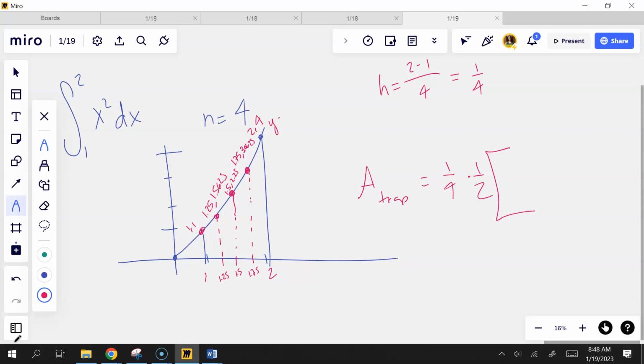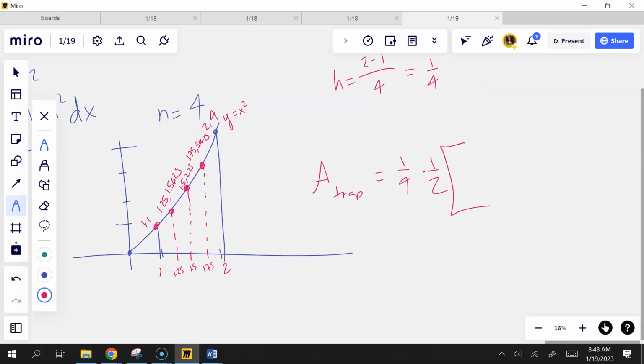So this curve is y equals x squared, so I just plugged each of those x's in. I squared each one. Base 1 is 1. Base 2, which is shared, so I need to do it twice.